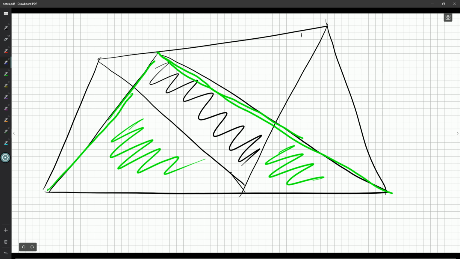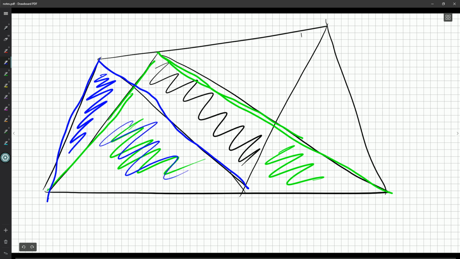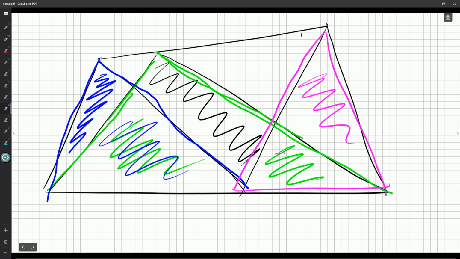So I don't want them. Now, where can these green shapes be found? And again, you want to try and focus on triangles because you have no useful information about any of the quadrilaterals you're making. But triangles and similar triangles are nice to work with. So here's this blue thing. It's got one of the two shapes we need. And it also overlaps with this, so that's nice. And if we do the same thing with this triangle over here, it's got the other bit along with this.